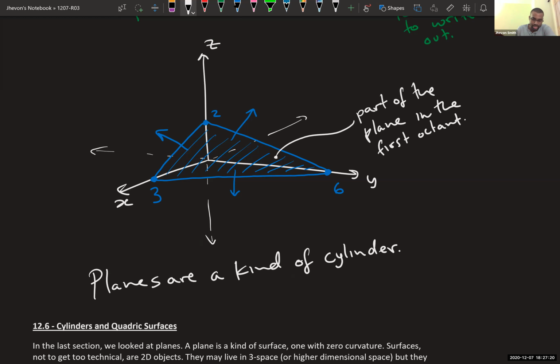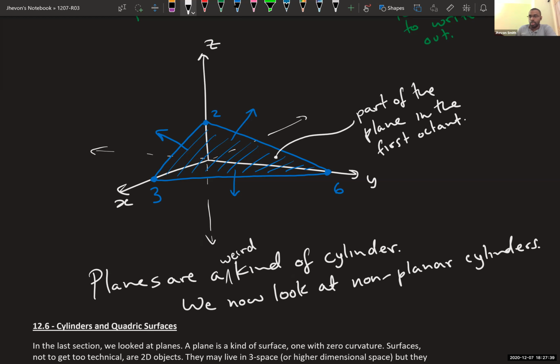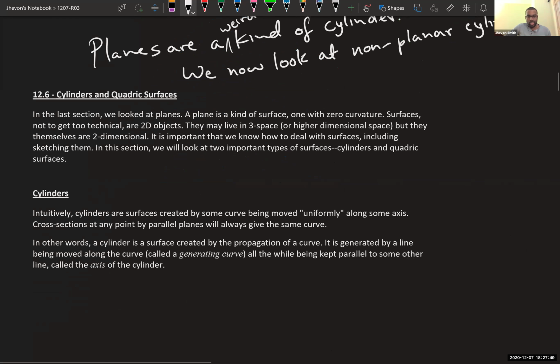They're a weird kind of cylinder. We now look at non-planar cylinders. So if you have a cylinder that's not a plane, how do you go about sketching that? What is that even? Okay, so now we've officially started 12.6.